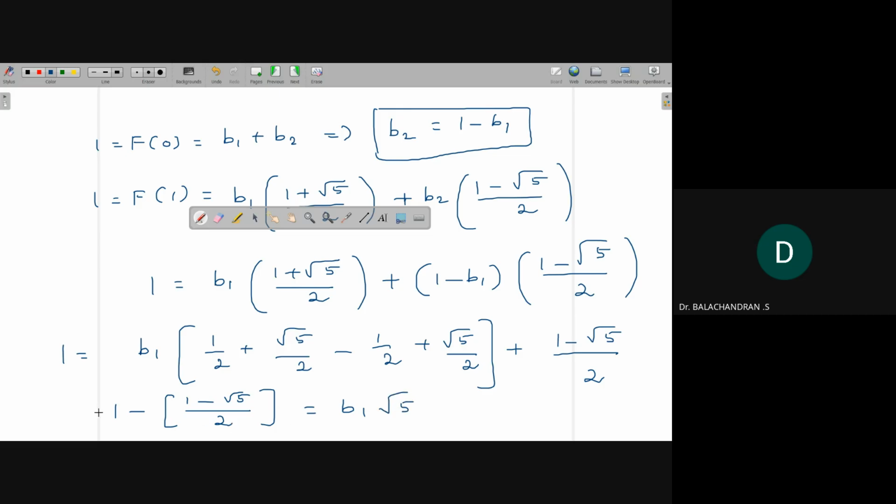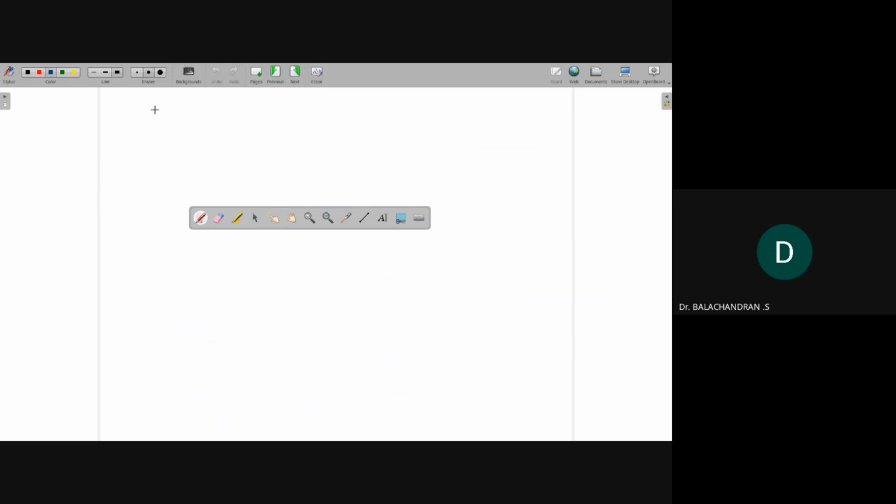So if you take LCM, 2 minus 1, so 1 plus root 5 by 2 is equal to b1 into root 5.